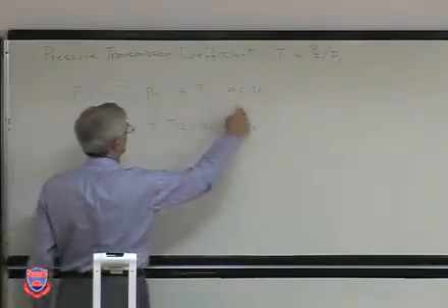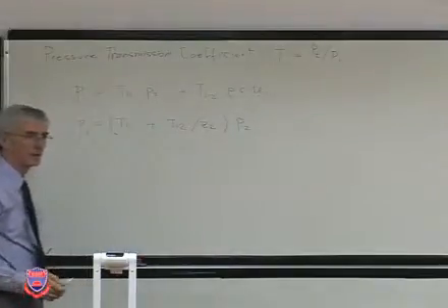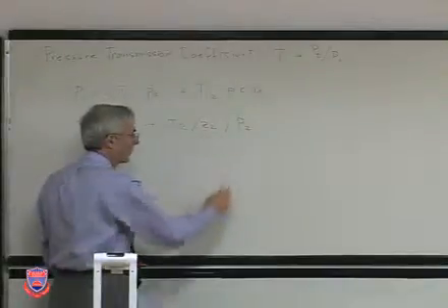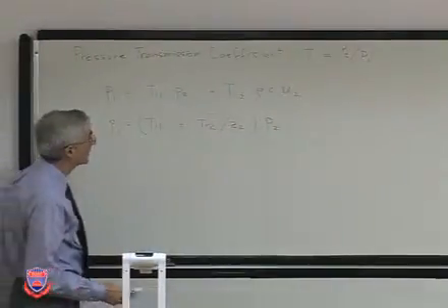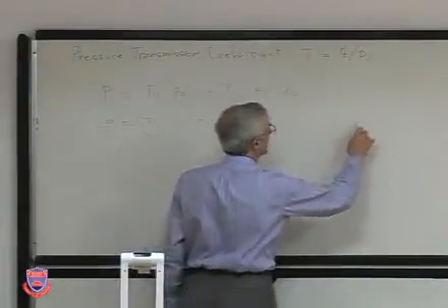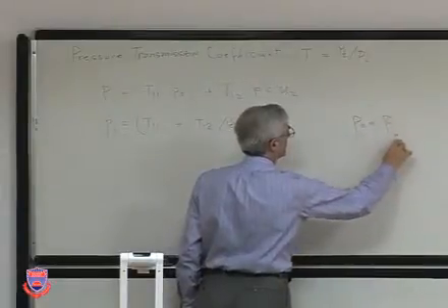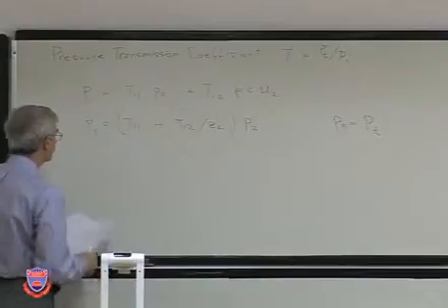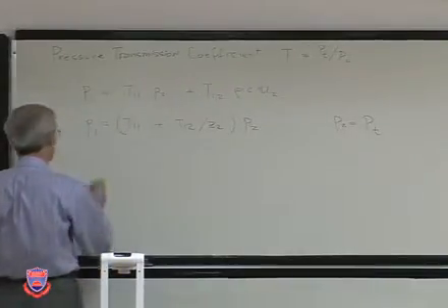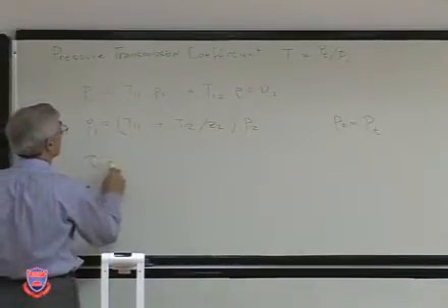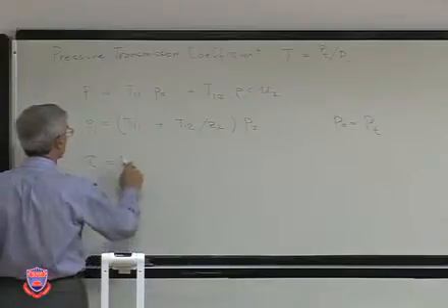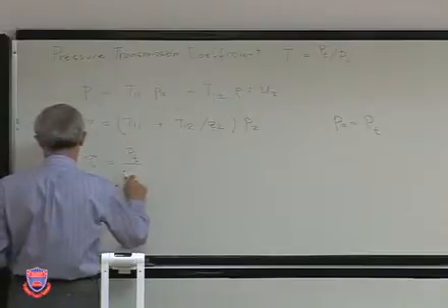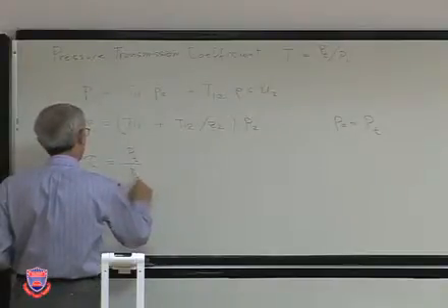Just an inverse impedance, divide both sides by P2. So we have a direct relationship between pressure 1 and pressure 2. Of course, pressure 2 is, in this case, the transmitted sound. So what we have is the transmission coefficient as PT over PI.